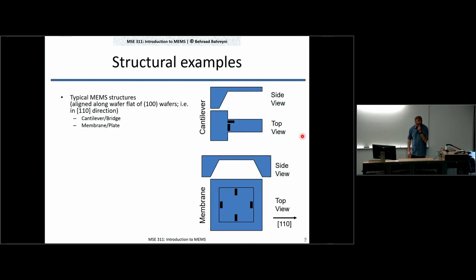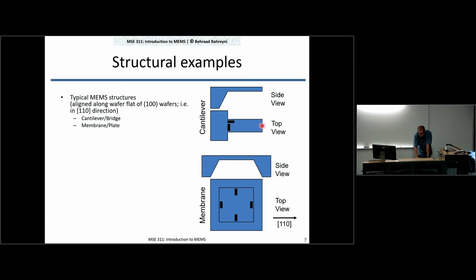Now, here are some structural examples for how you can use piezoresistors. The top one, we already had a look at. This is the side view for a cantilever. You can put your piezoresistor like this, and in this case you are basically using the pi L of this piezoresistor. Or you can put it like this, and in this case you're using pi T of the resistor.